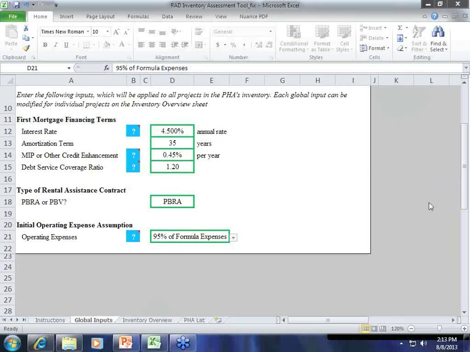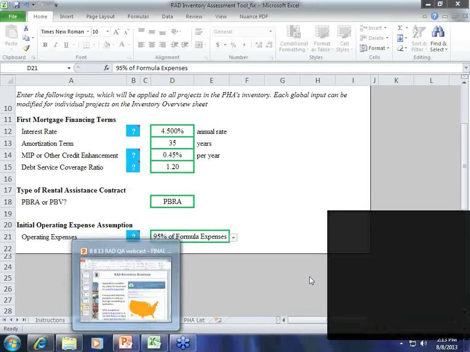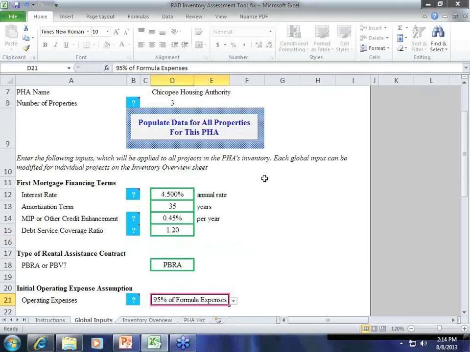No, couldn't hear it on the PowerPoint, but I dialed in on the phone. And over the phone, were you able to hear from the beginning of the presentation? Yes. Okay. Thank you very much. I will proceed then. And you're right now looking at the inventory assessment tool, the Excel sheet? Yes. Great. Perfect. Thank you, Arthur, for your help. We will proceed.